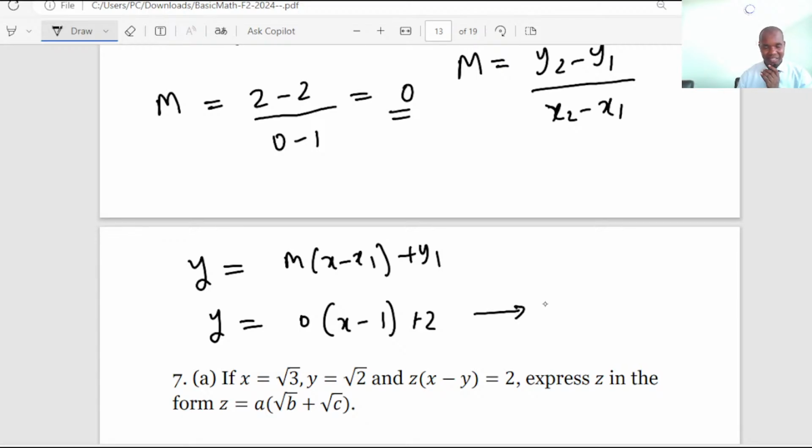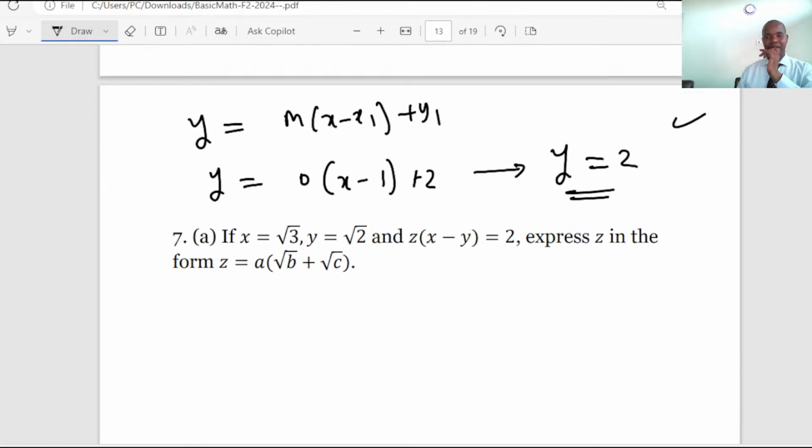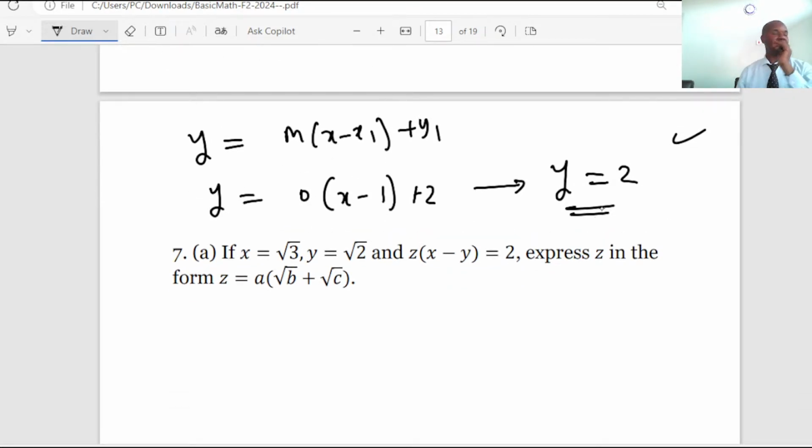So eventually the equation of the line will be y equals 2. And when we have a slope of 0, the line is parallel to the x axis. In this case, we have the line y equals 2.